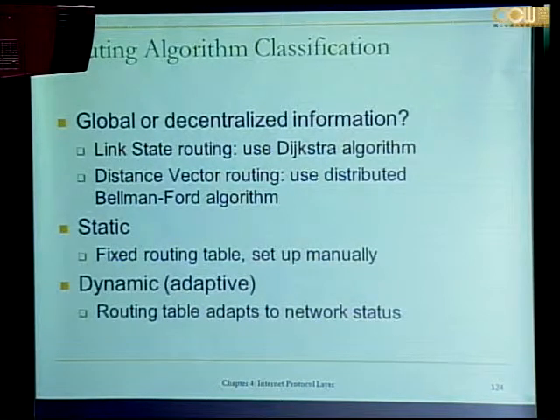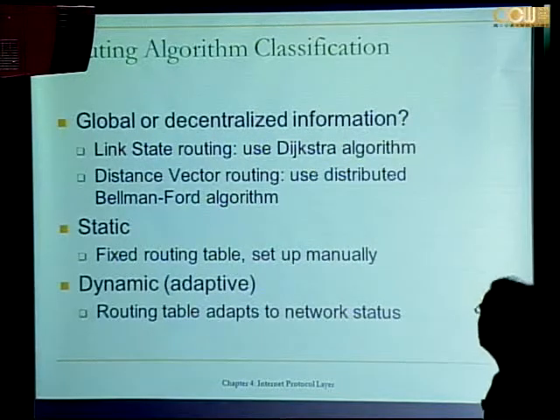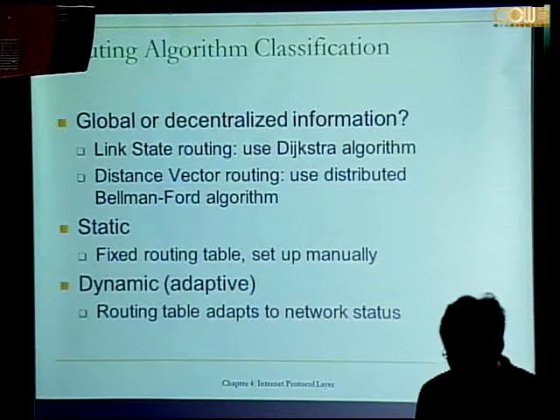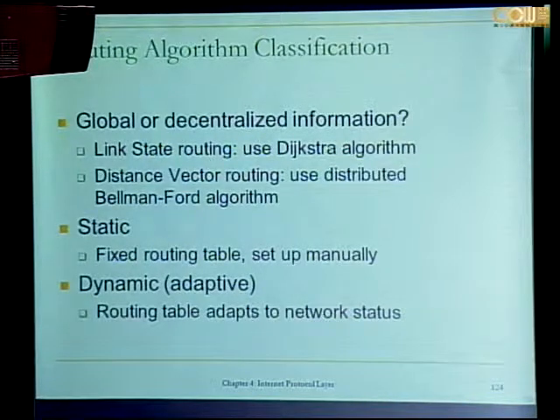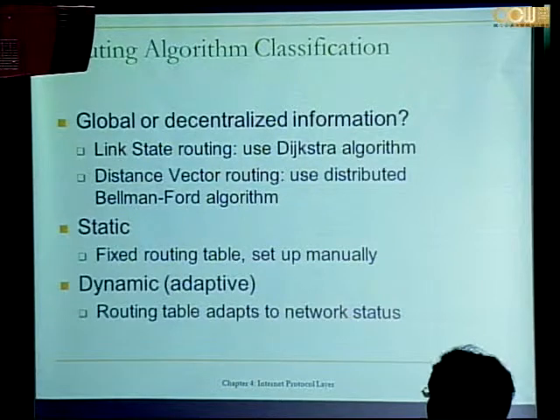But how do we do hop-by-hop routing to find out the next hop in the shortest path? We can base it on either global information or decentralized information. If we have global information, it means the global information of the domain of a network.